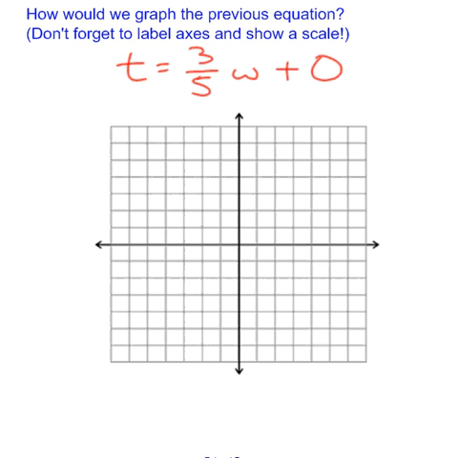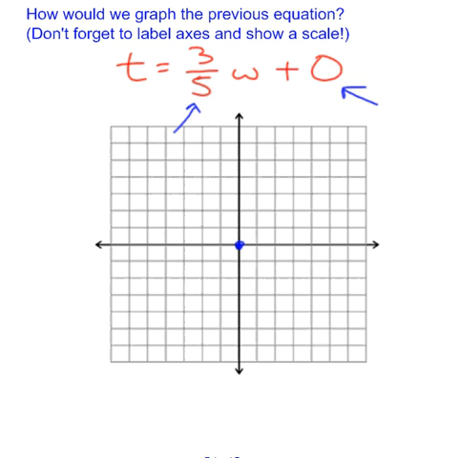If you start off with an equation like that, the way to graph it is first remember what this meant: that's where it crosses the y-axis. In this case, it crosses right at (0, 0). Then our slope is 3/5, and remember, slope is always rise over run.